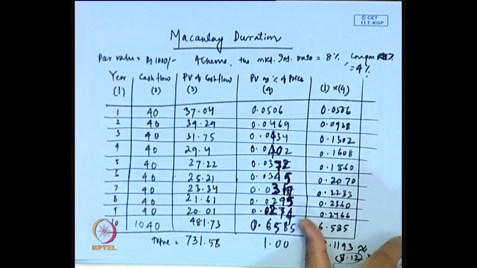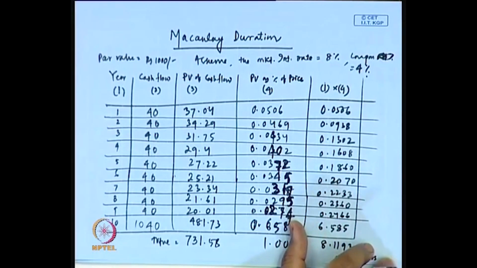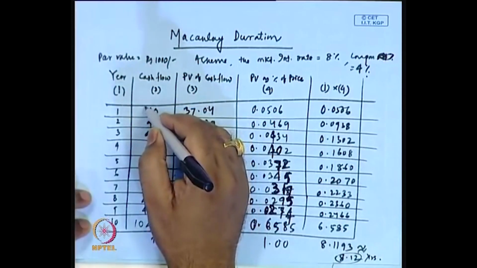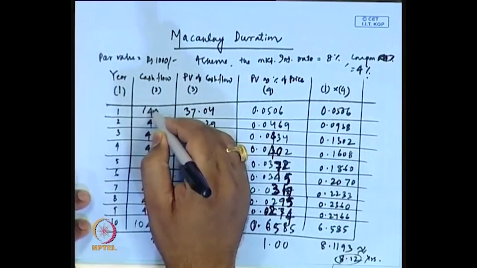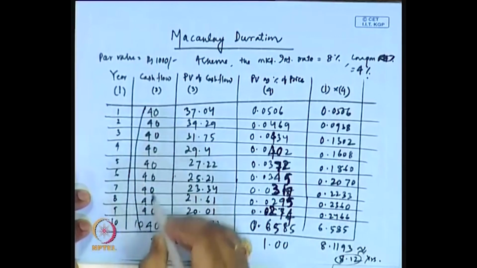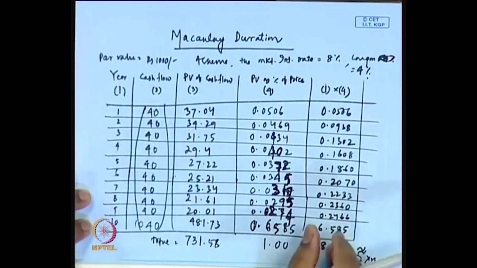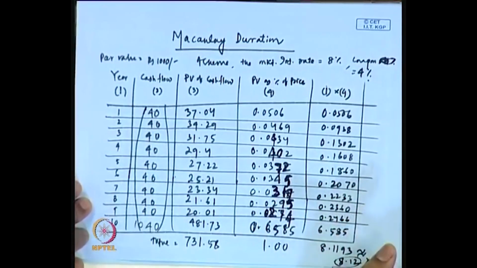So, like that, if you change your coupon, if your coupon is now 8% instead of 4%, then what will happen? Automatically the duration will go down.